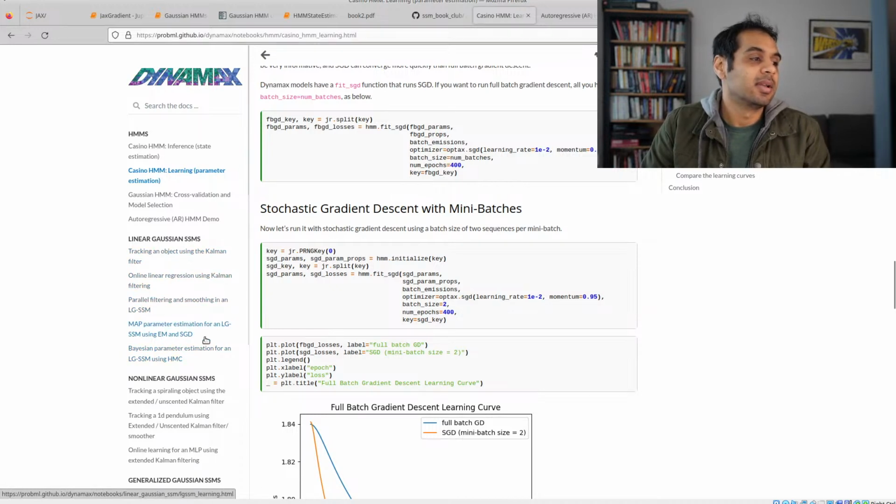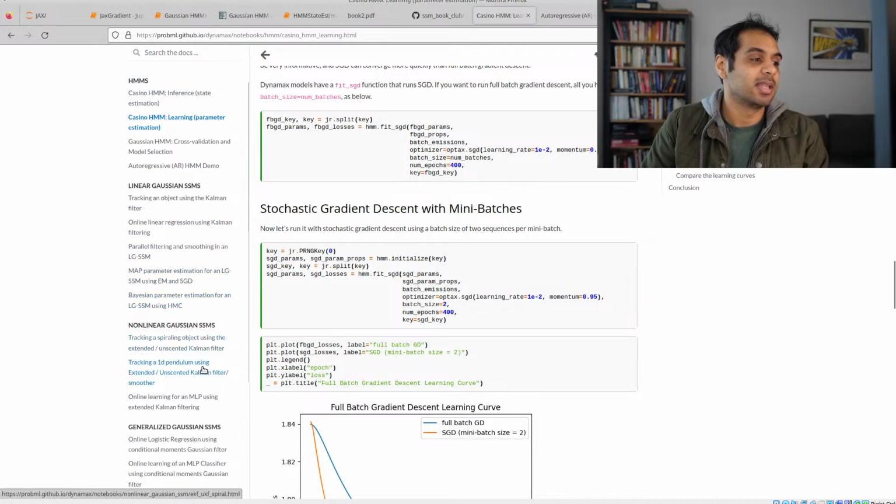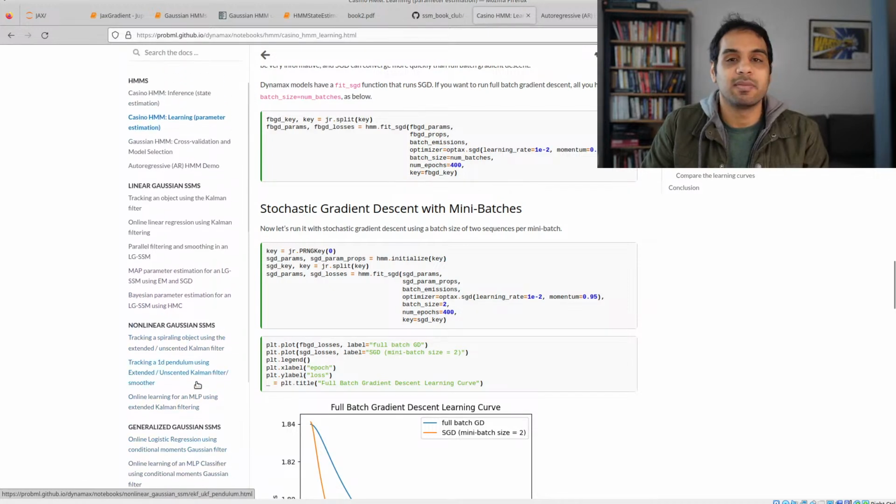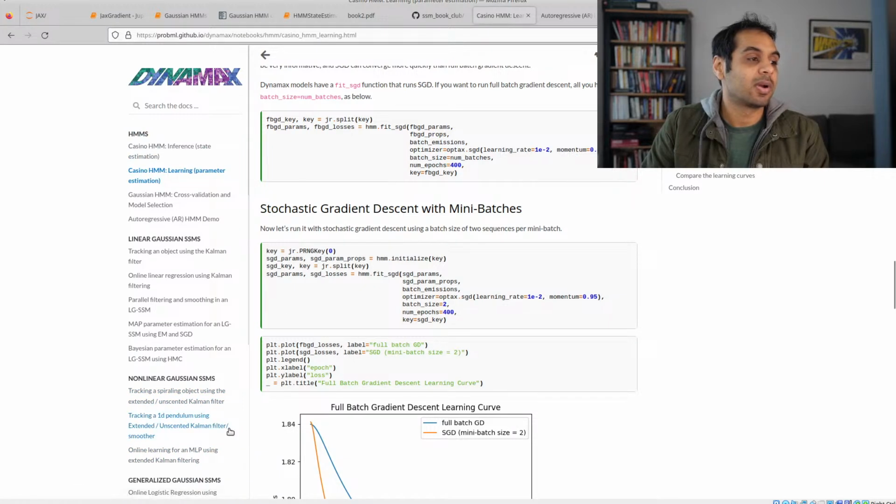I can tell right here that for this linear Gaussian SSM, they're going to use expectation maximization and stochastic gradient descent. And I believe for these later ones, we're also going to see more and more use of gradients for estimation. It's this new layer of JAX and AutoDiff that makes it much simpler both for computational mathematicians to give us these libraries, and also for us as users to now be able to just use this library and get results.